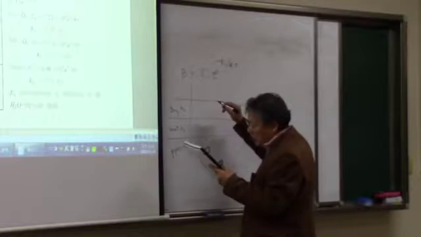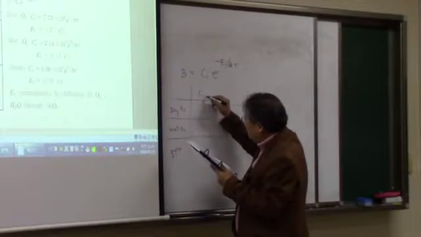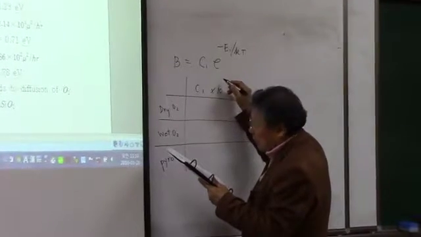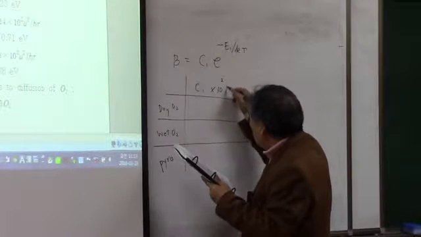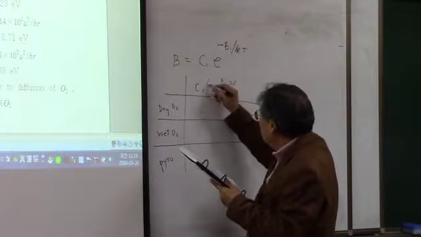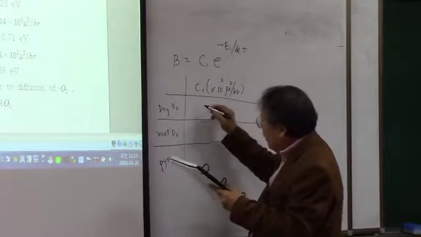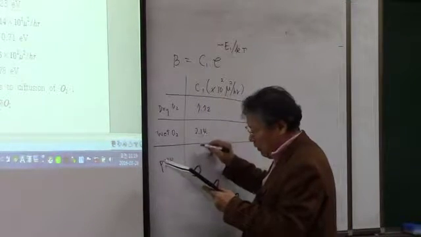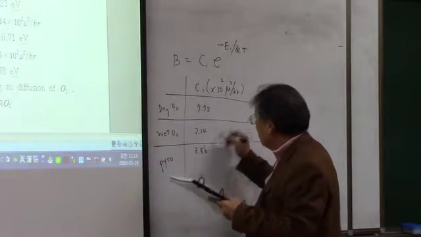Three cases have been compared, and the C1 value is 10 to the second micron square per hour, with values 7.72, 2.14, and 3.86.